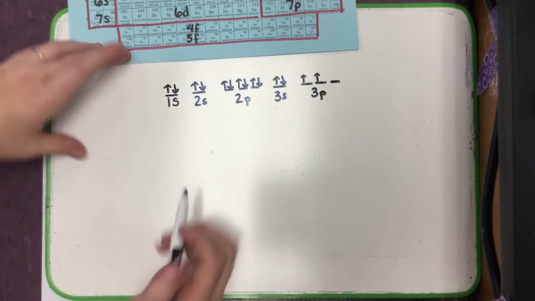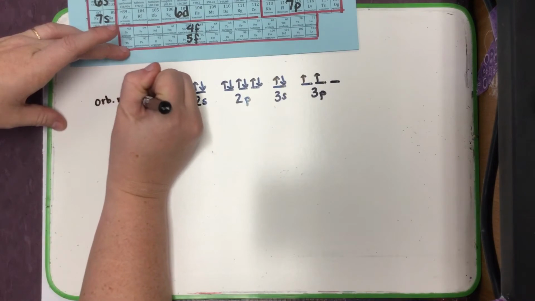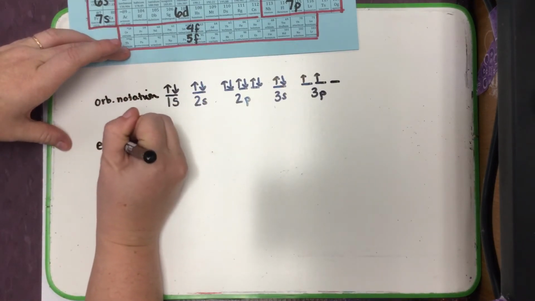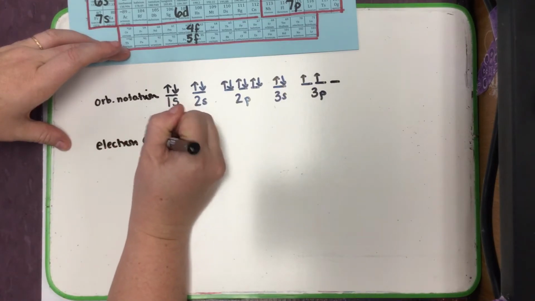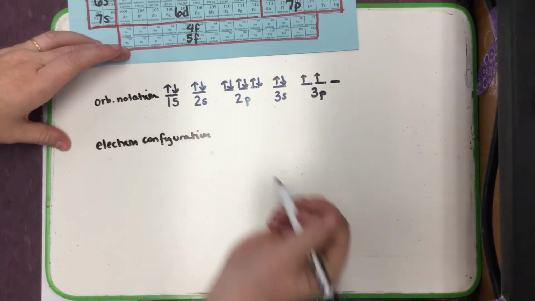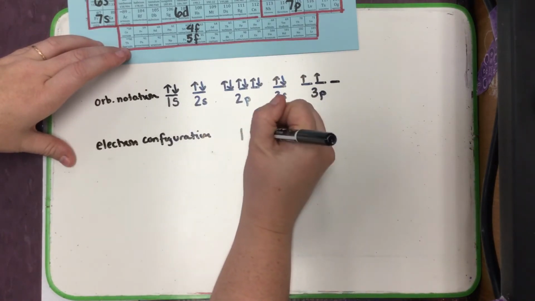One thing we can do is go from an orbital notation to something called an electron configuration. And the electron configuration for silicon would look like this.